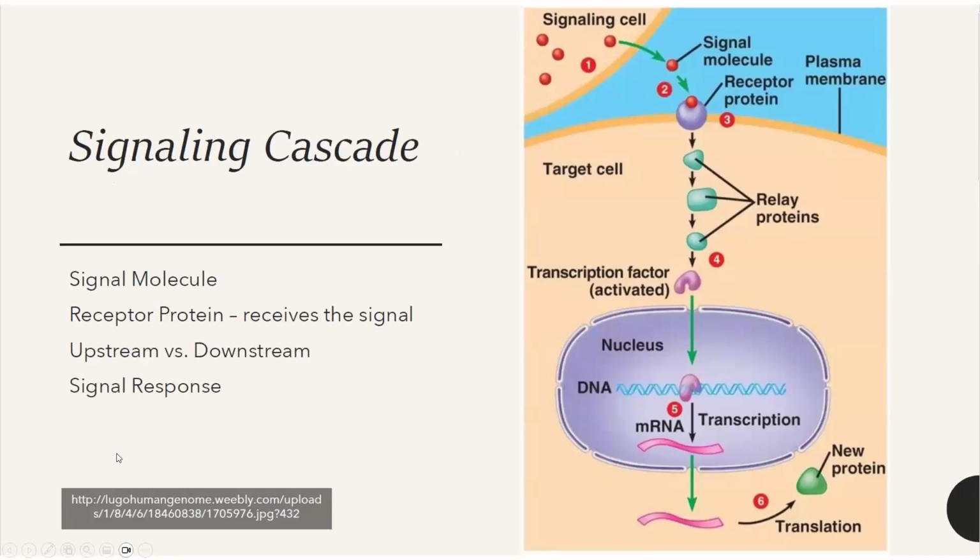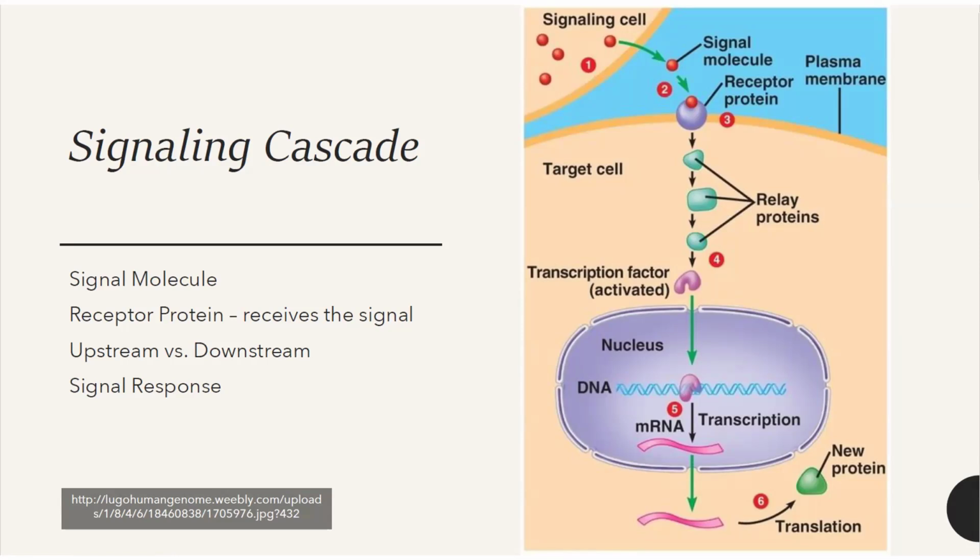Now, there's this thing that you need to know about known as a signaling cascade.